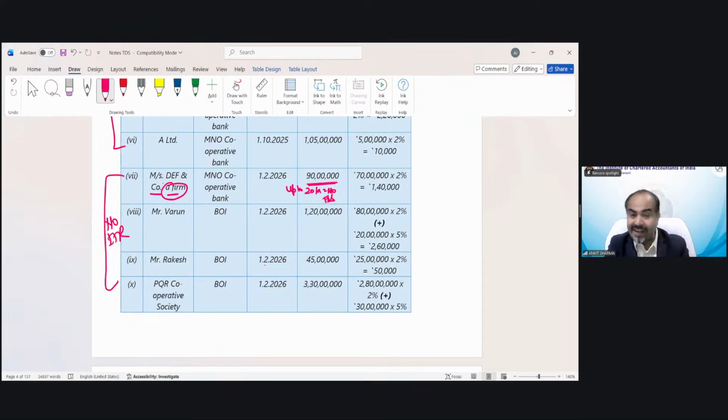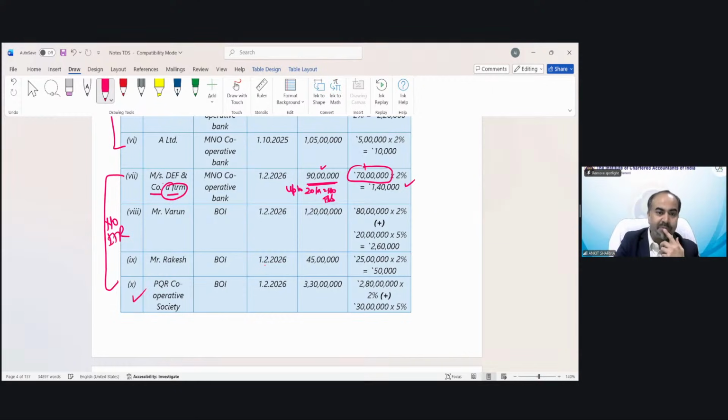And from exceeding 20 lakh till the 90 lakh amount, the difference is 70 lakh. On that 70 lakh, 2% TDS is required to be deducted. Suppose in this case ITR has been filed, then there would not be any TDS because only 90 lakh has been withdrawn.